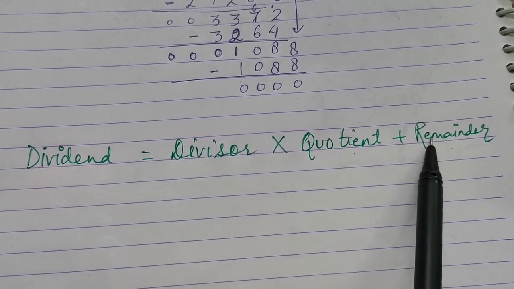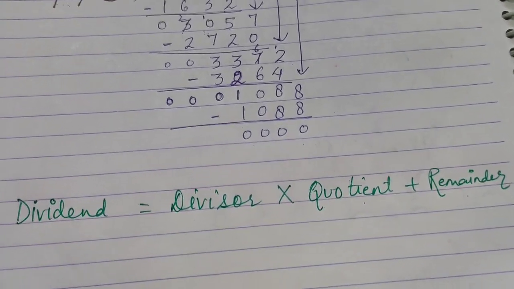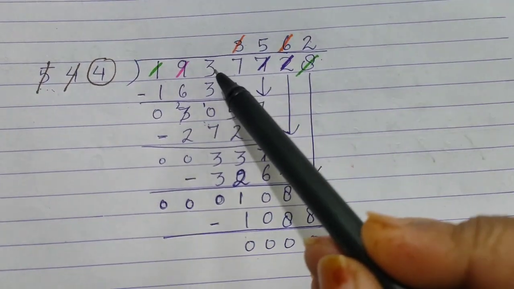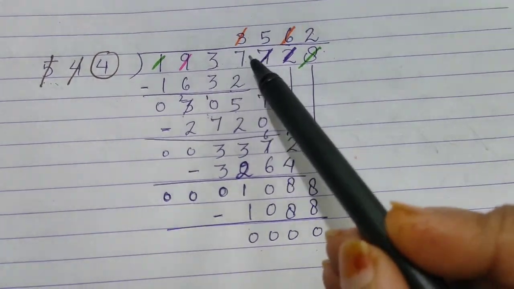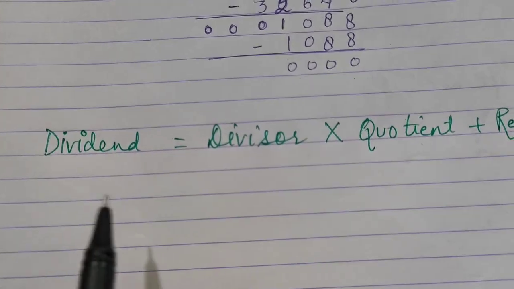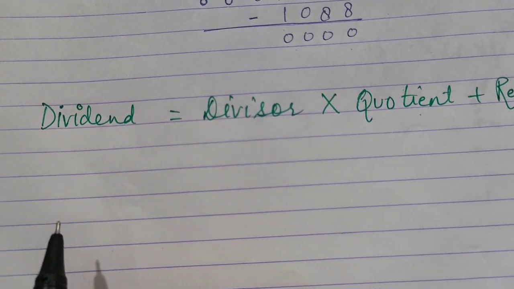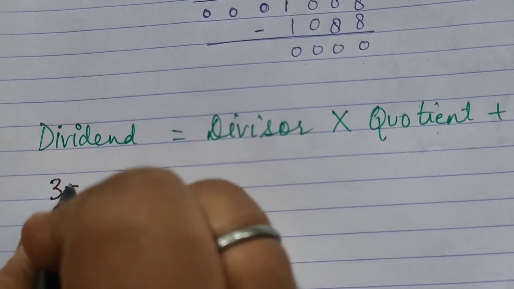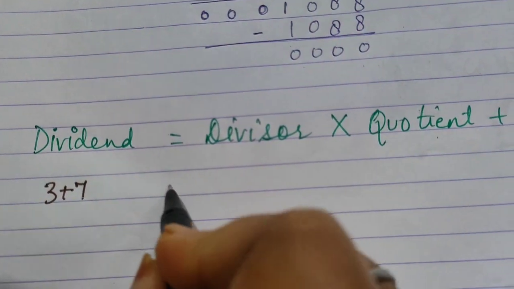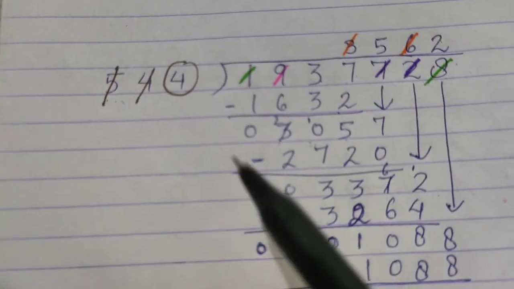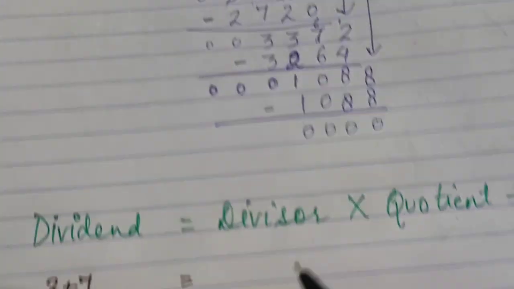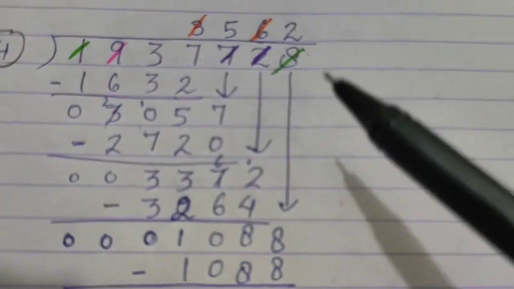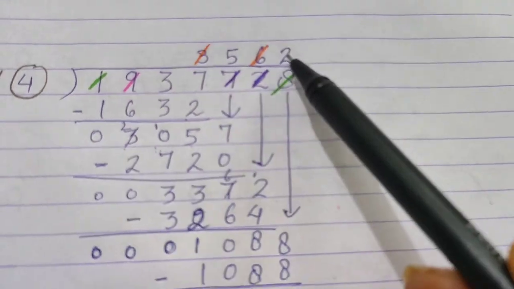This needs to be kept in mind, and coming to the dividend, the numbers that are left here are 3 and 7. So you have to take 3 and 7 here. Okay. On the divisor, what numbers are left? Only a 4, multiplied by the quotient, where we are left with a 5 and a 2.